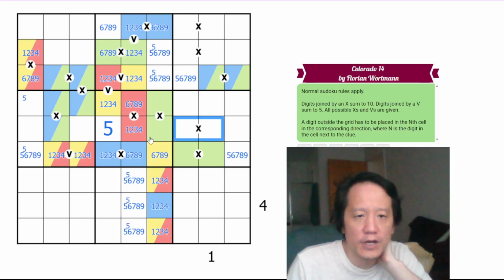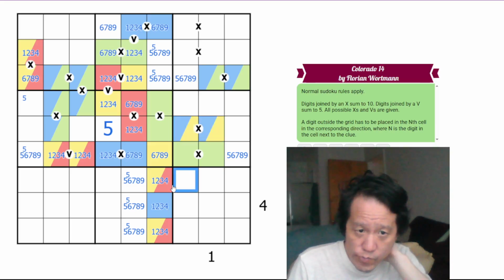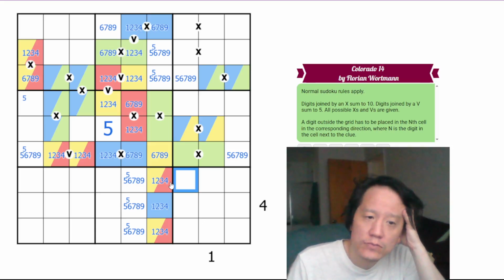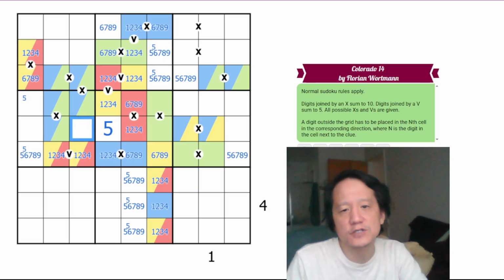This cannot be red. It cannot be green. It's blue or yellow here. So this is blue or yellow, adding up to 10. So this digit must be... It sees all the different blue and greens, so it cannot be blue and green.